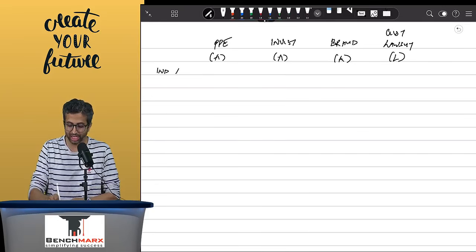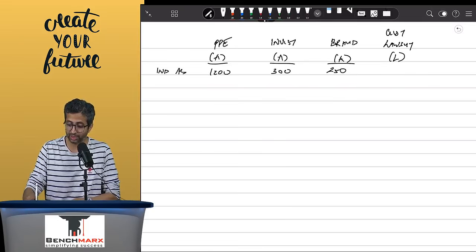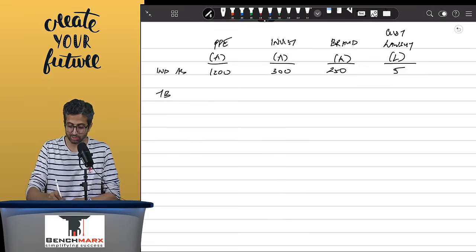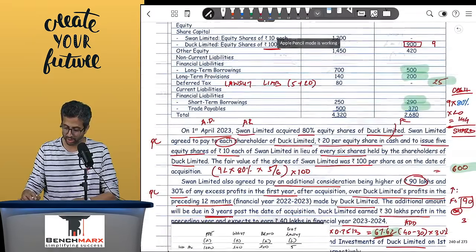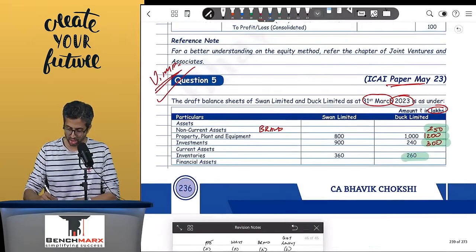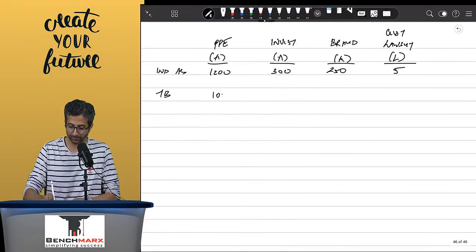First you take the carrying value, which is as per Ind AS. So for PPE this is 1200, investments this is 300, brand this is 250, and over here this is 5. Then you take the tax base. Tax base as per the books over here will be 1000, then 240, then you have 0.